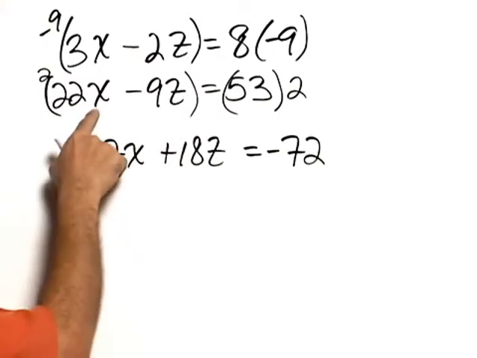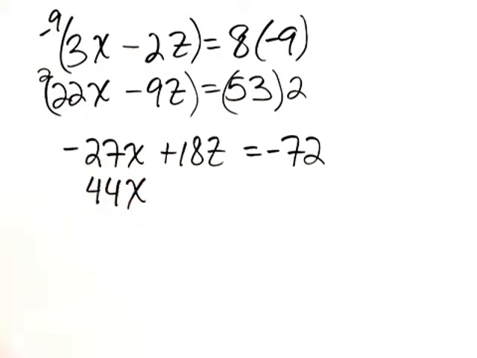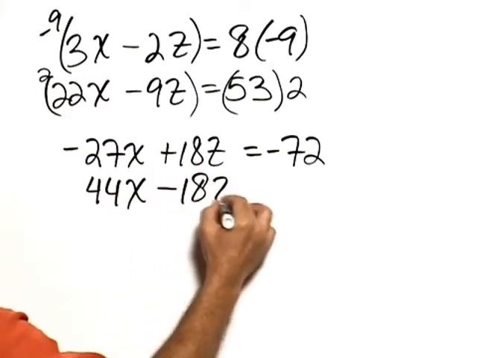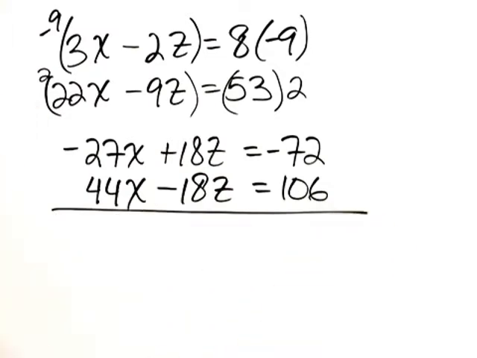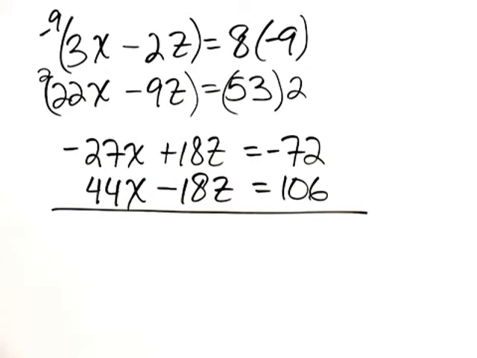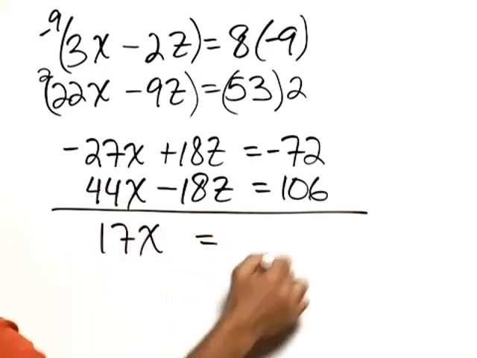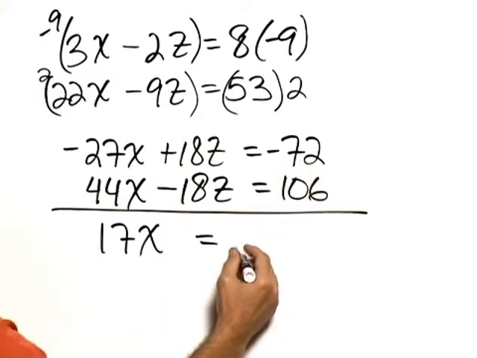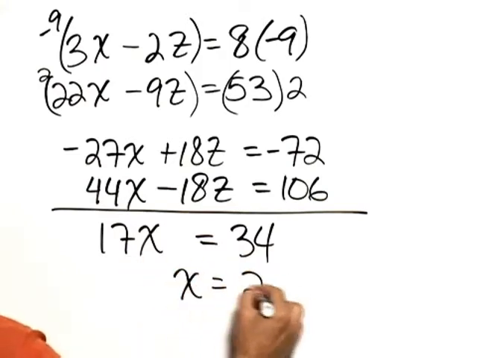The result of multiplying the second equation by 2 is 44x minus 18z equals 106. Notice that the z's have opposite coefficients, so they will be eliminated. Over here we have positive 17x is equal to negative 72 plus 106 is positive 34. Dividing both sides by 17, we get x equals 2.